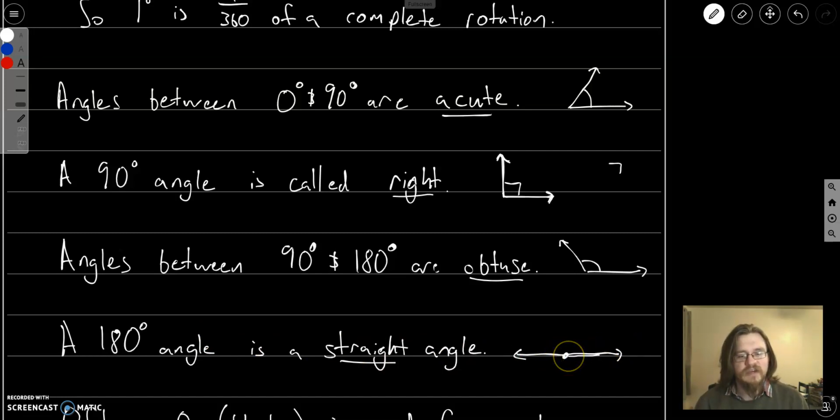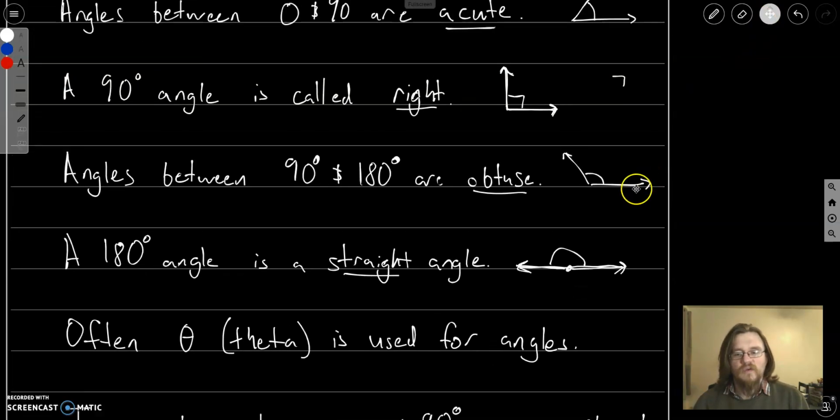So if my terminal side is pointing straight off to the right, and I flip this over and my terminal side is pointing straight to the left, I've made exactly 1/2 of a rotation, and that angle is going to be half of 360, which is 180. So obtuse angles are the ones that are between being a straight angle and being a right angle.